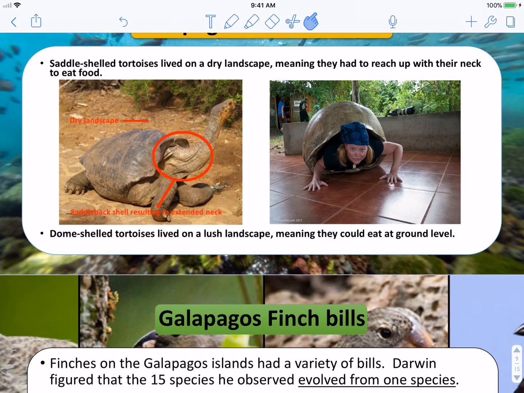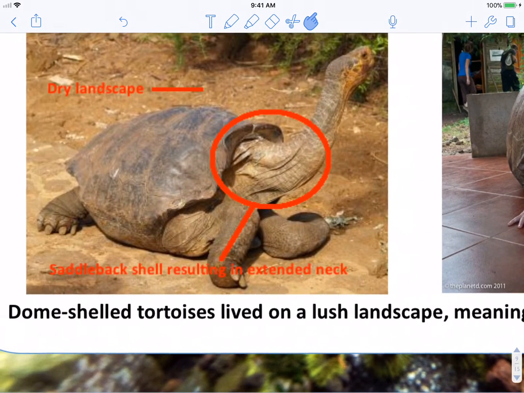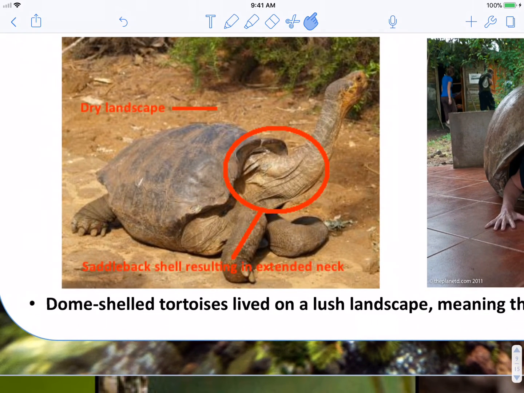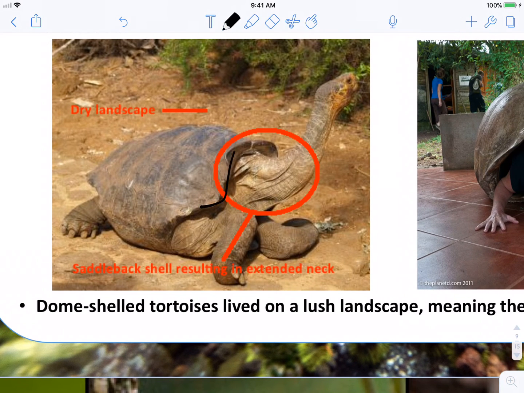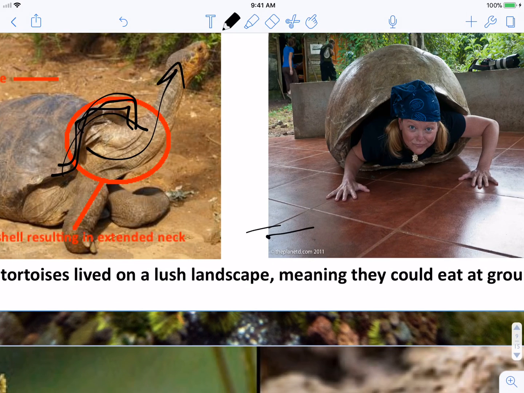Saddle-shelled tortoises lived on a dry landscape, meaning they had to reach up with their neck. So if we're a saddle-shelled tortoise, this kind of looks like a horse's saddle. Since it rises up right here, this guy can reach up and get his food high off the ground. But this guy can't really reach up. There's no opening there that allows the neck to extend.